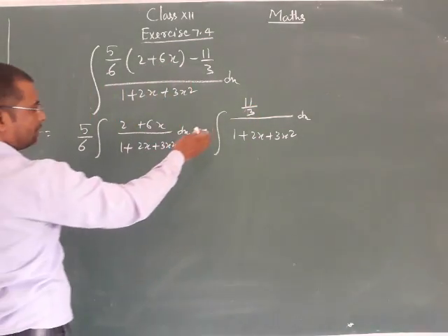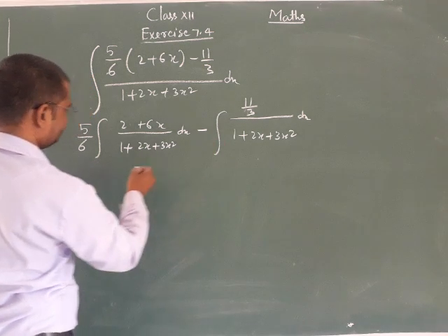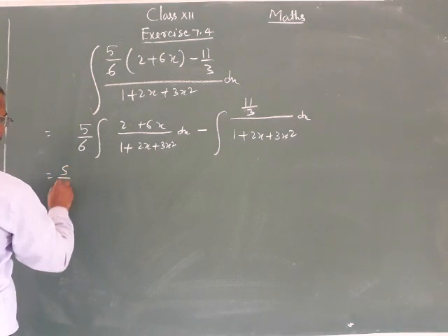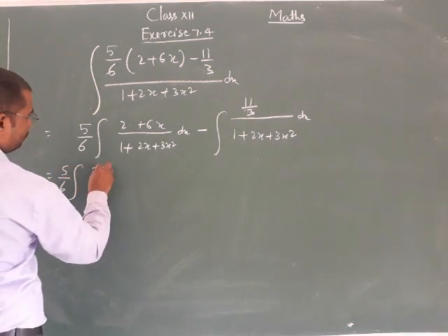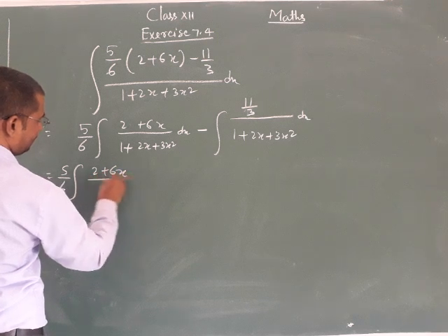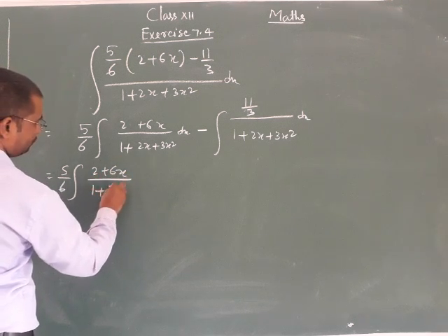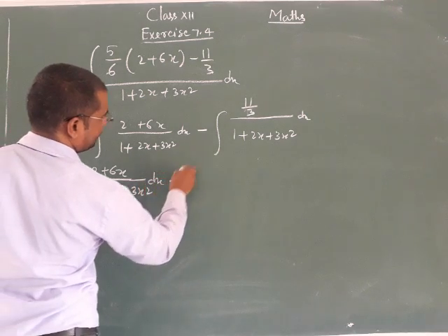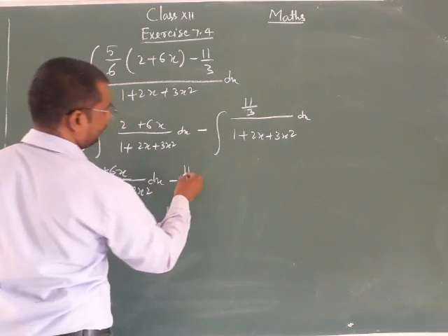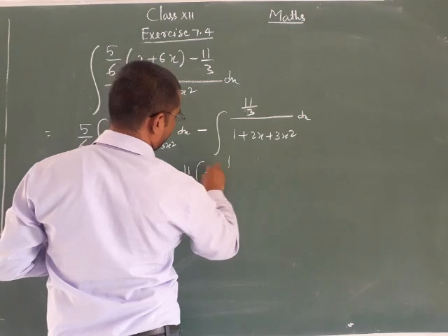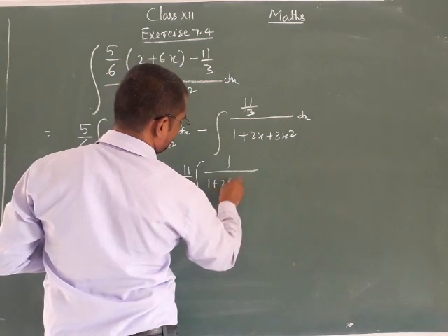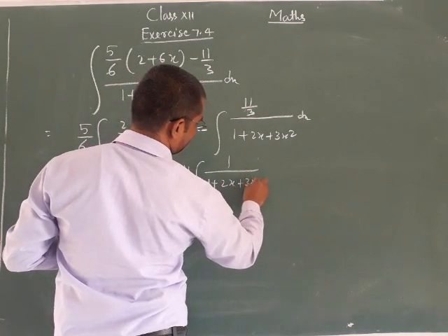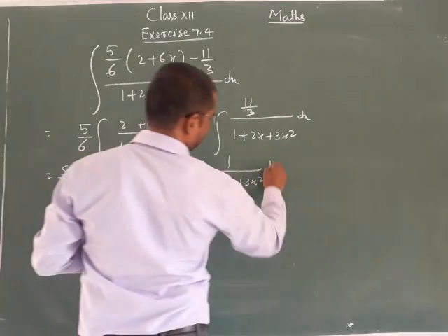So also we can write 5/6 integral of 2 plus 6x upon 1 plus 2x plus 3x square dx, and 11 upon 3 common out and 1 upon 1 plus 2x plus 3x square dx.